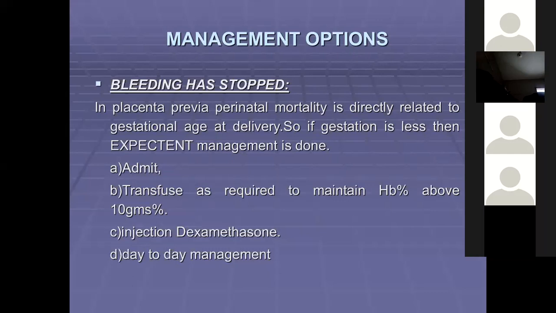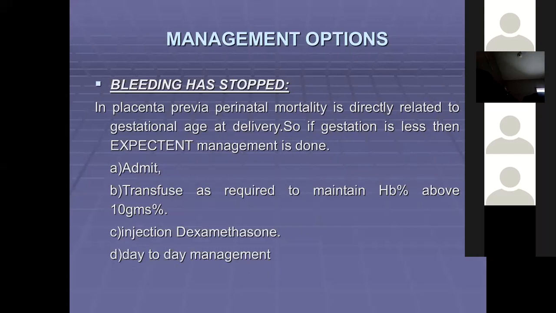Previa is a painless, heavy bleeding condition in which the mother can die. So if gestation is less than term, expectant management, and bleeding has stopped and the patient is not severely anemic, admit the patient.